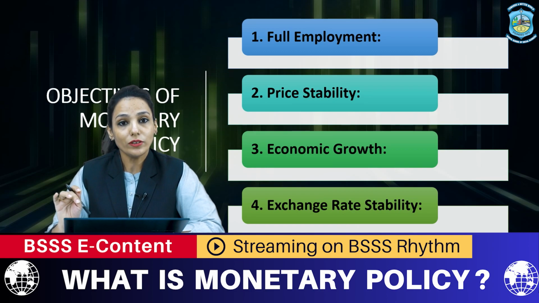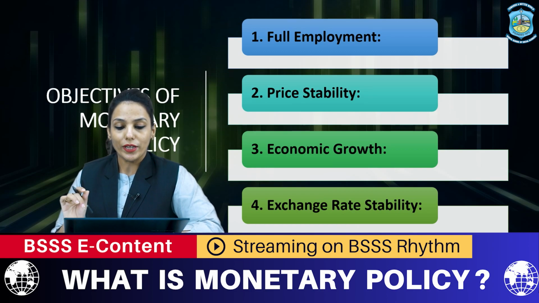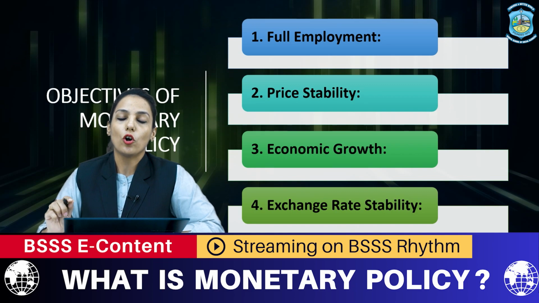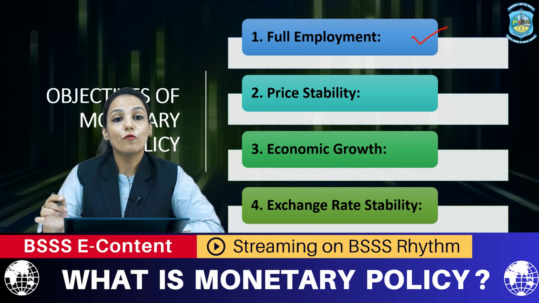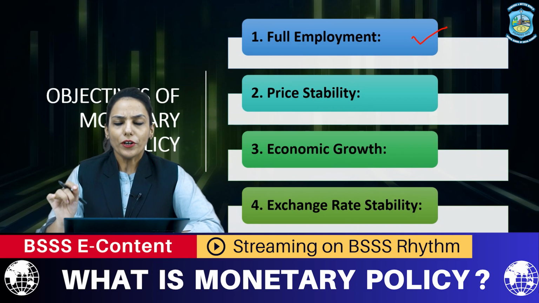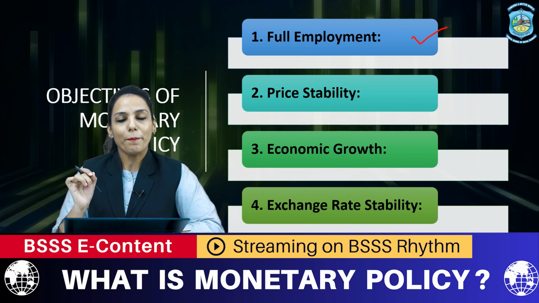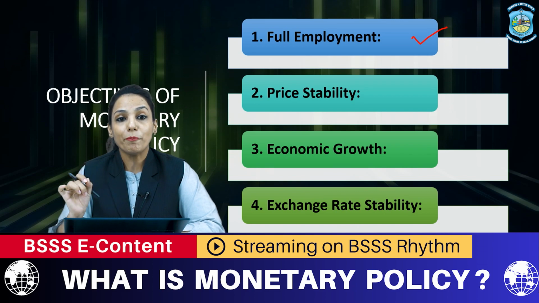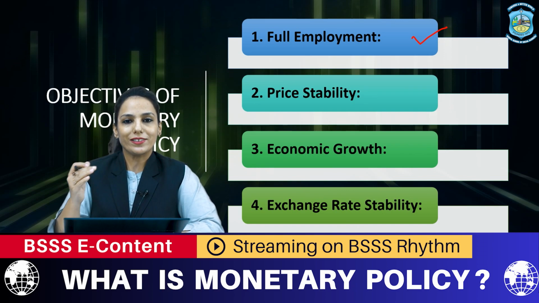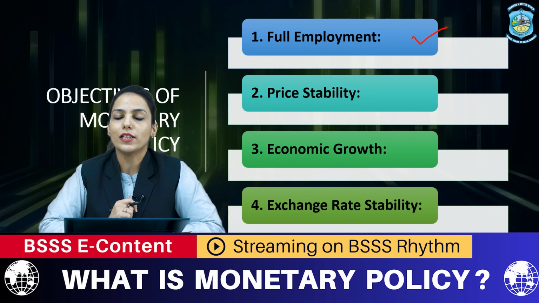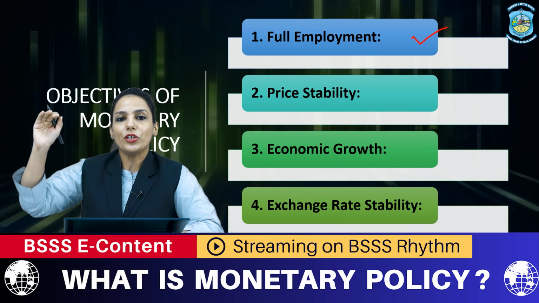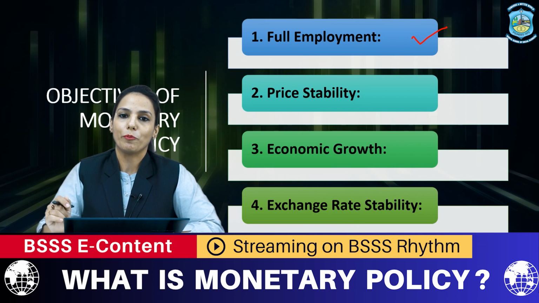Now, based on this definition, we can conclude that there are four major objectives of a monetary policy. The first objective is full employment. Monetary policies have the power to impact the degree of unemployment level in the economy. For example, when an expansionary monetary policy is adopted, it reduces the level of unemployment.